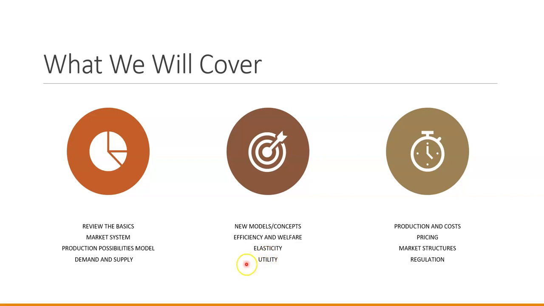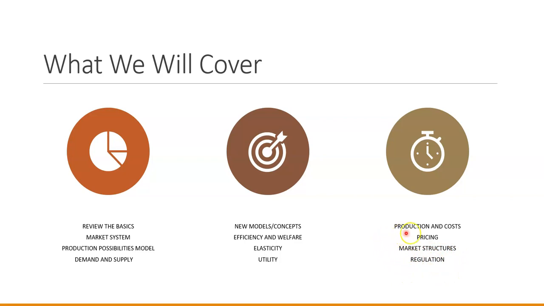Then we will talk about utility, which is another consumer-driven subject. Under utility, we're going to be talking about happiness or satisfaction. How do people evaluate and derive satisfaction or utility, and how does this play into their decision-making or choices? Then we're going to look at production and costs, pricing of a product, market structures, and regulation.